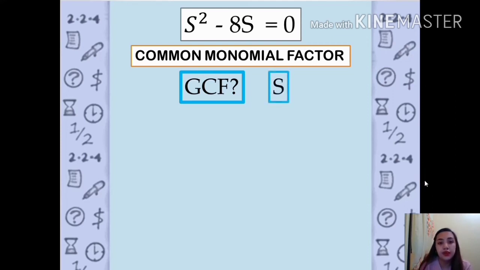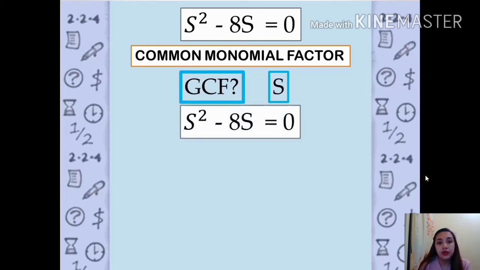Now, what are we going to do next? We will divide S squared minus 8S equals 0. Now, rewrite the GCF, which is S, then S squared divided by S. So, anong gagawin sa exponent niya? We will subtract. At ano ang exponent ng S?